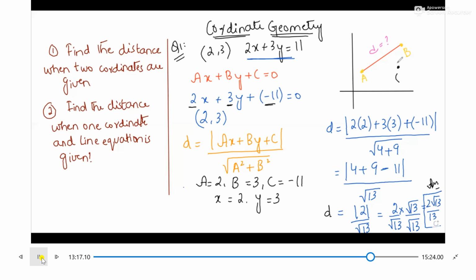So the distance is 2 root 13 upon 13. So I think the question makes it quite clear how you can find out the distance if a coordinate is given to you and the equation of a line is provided to you.